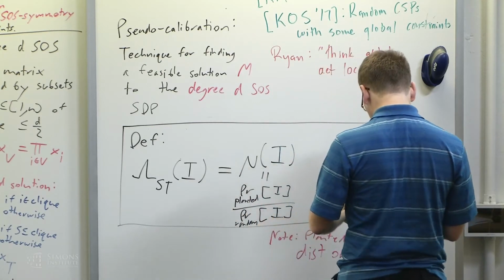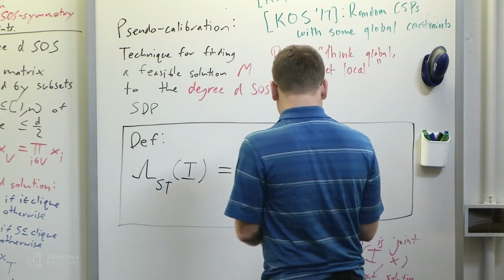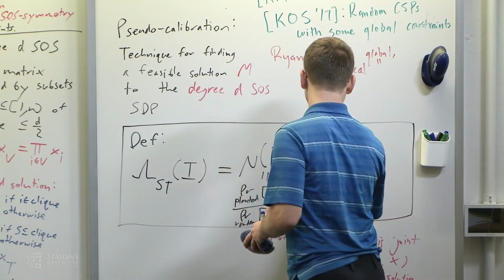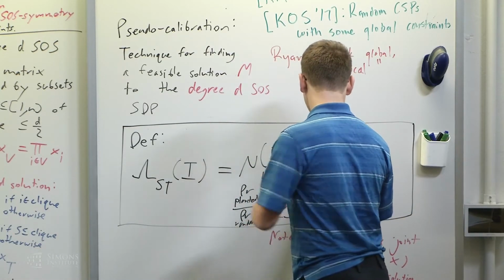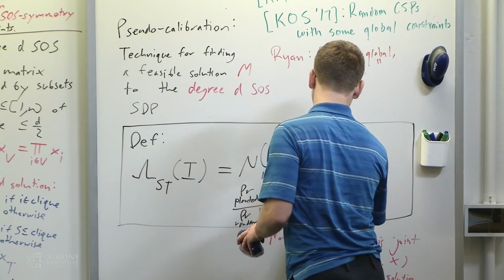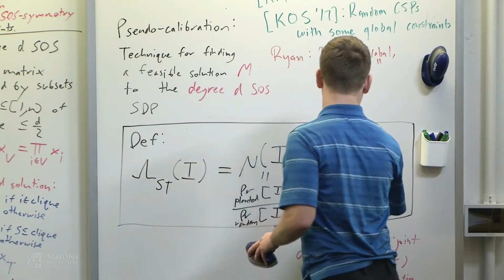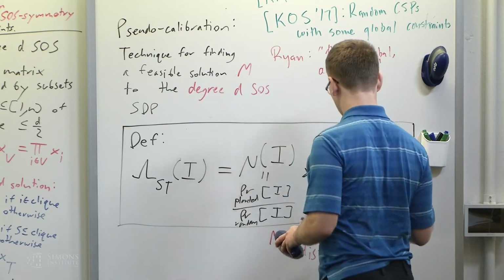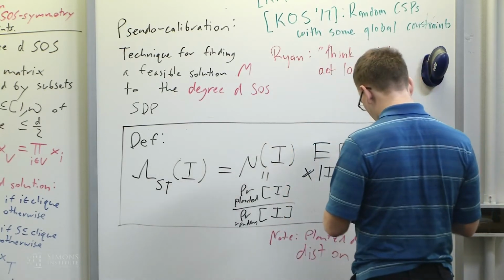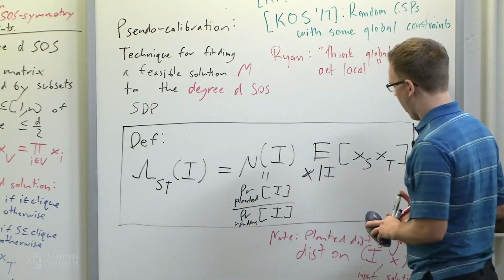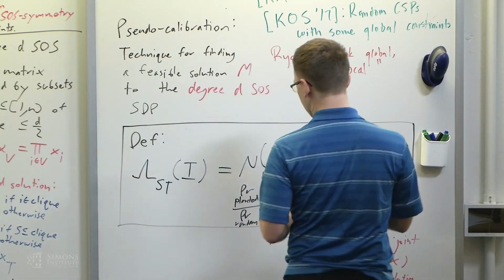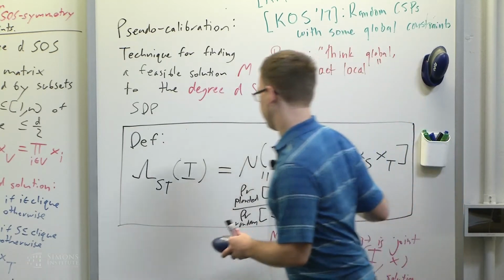So what we'll have here is the expected value, given that the input was I, of xs times xt. Okay, so I'll first start with some observations about this function.